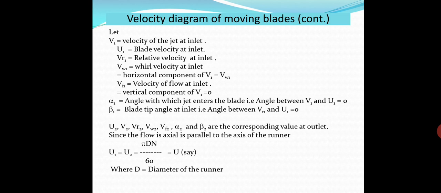So this VW1 and VW2 difference will cause the change in momentum for which a force is exerted on the blade. Because of this force, the blade displaces, and force into displacement is nothing but the work done, and this work done is required to find out the output or the efficiency of the turbine.